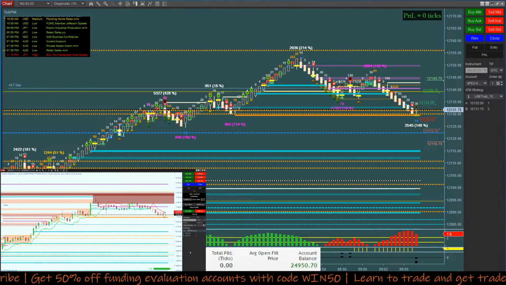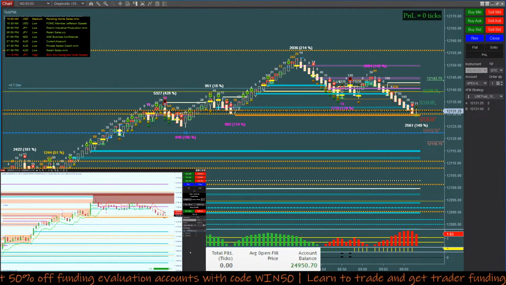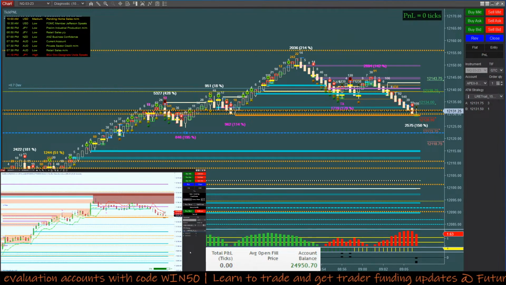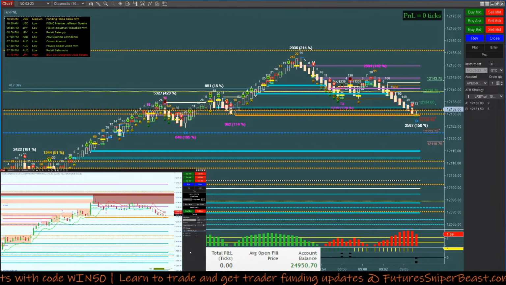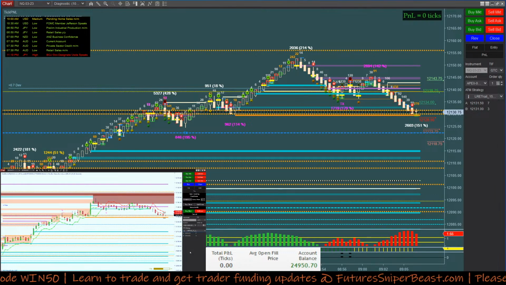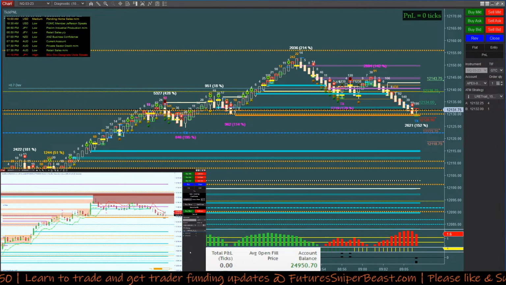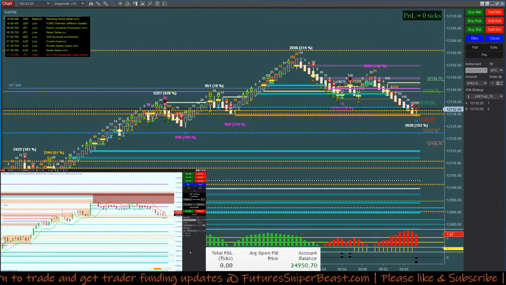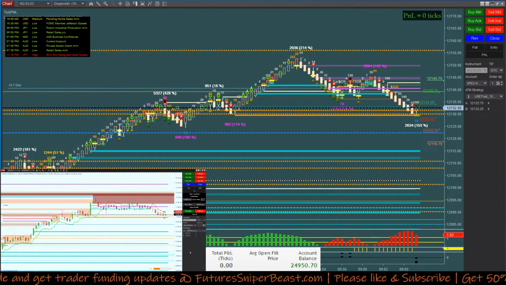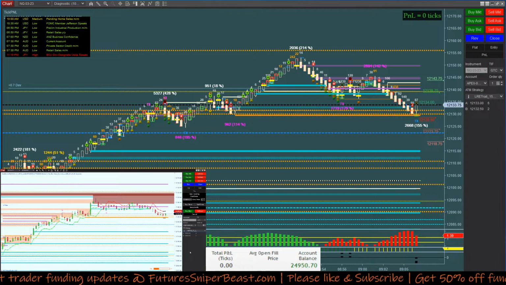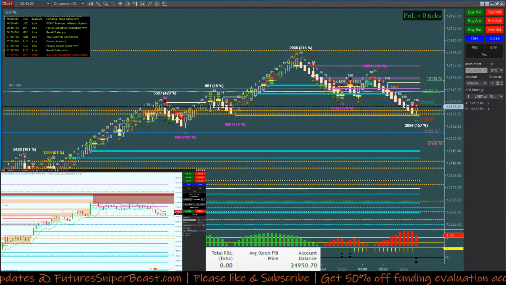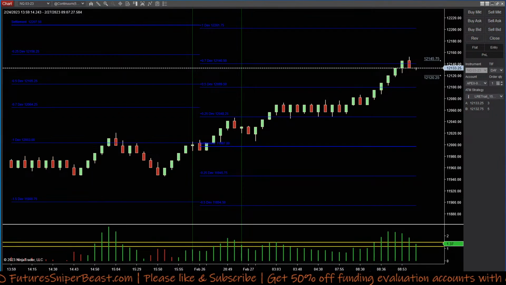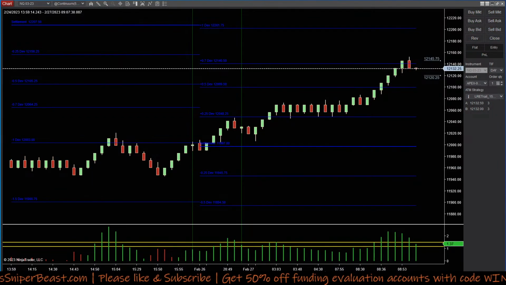Potential TX on NQ. And because of the time, I don't want it to form a chop block right now.